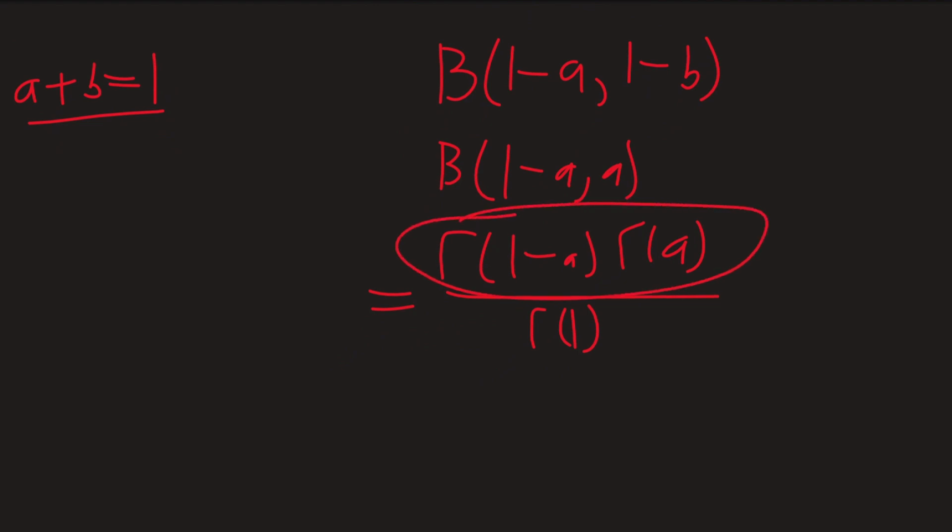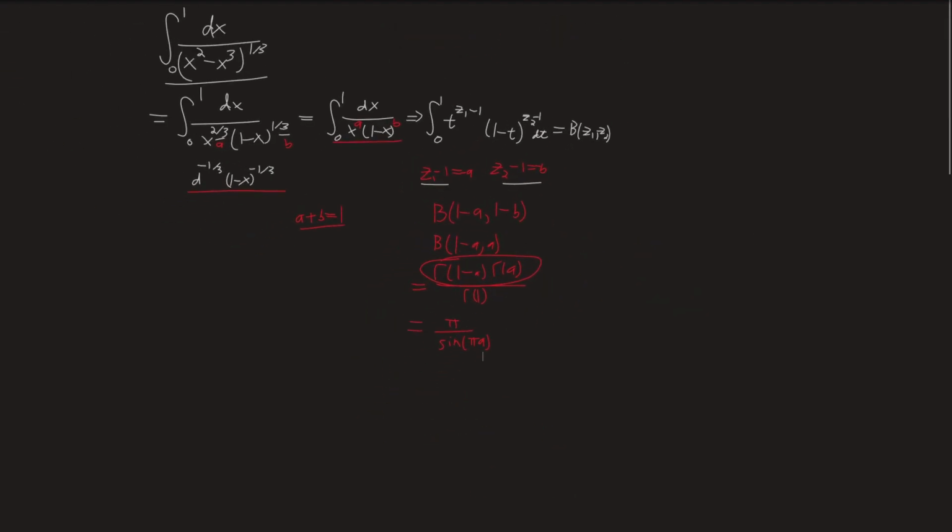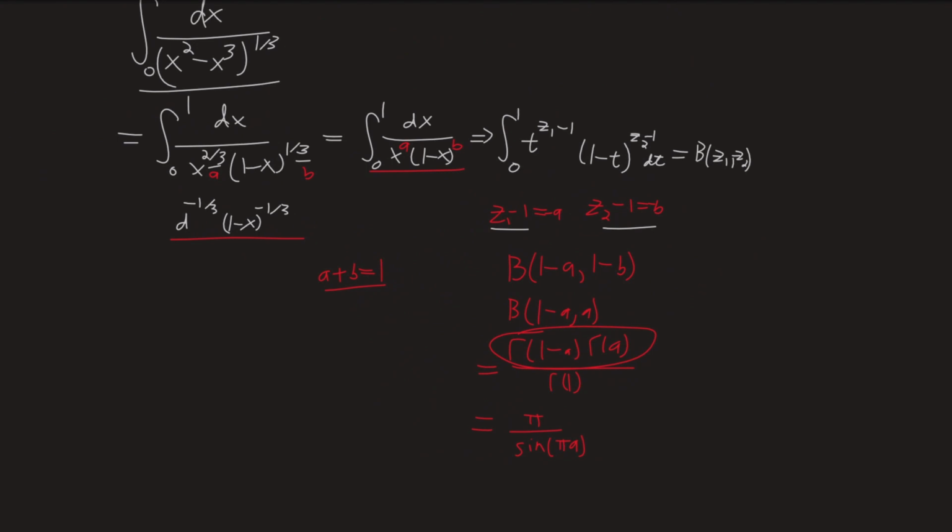So this is nothing but pi over the sine of pi times a. And that's really just the value of this integral. This generalized version, at least, is just pi divided by the sine of pi times a.